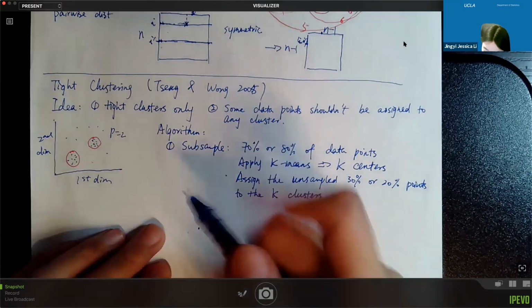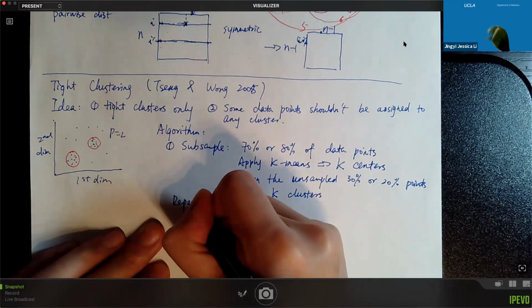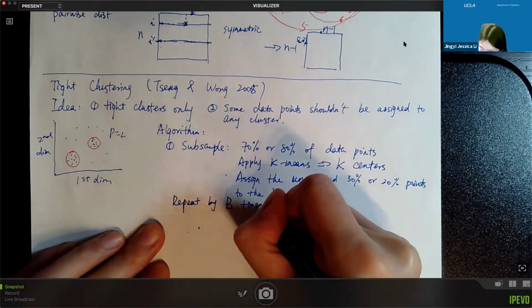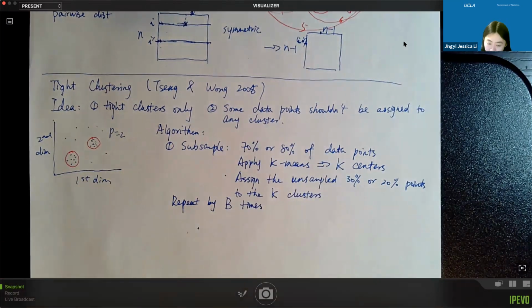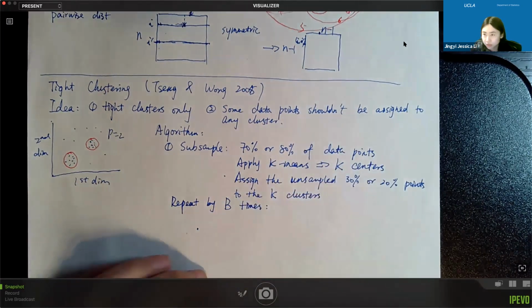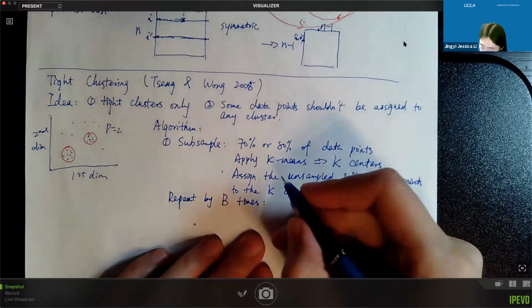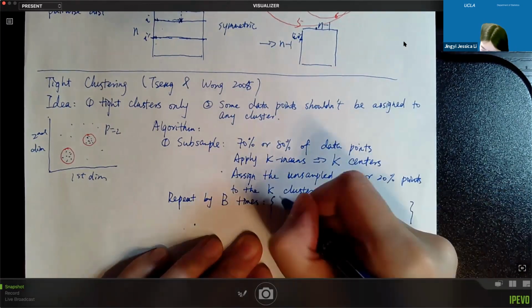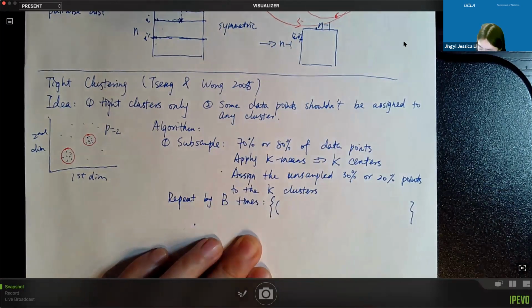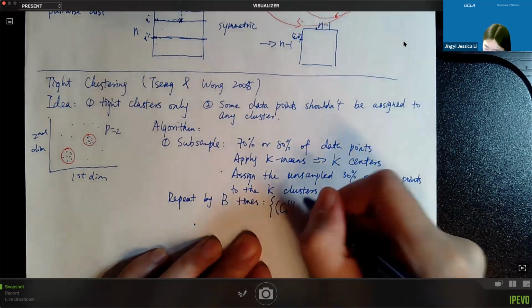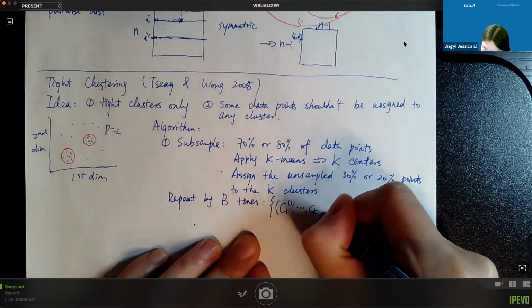Let's say we repeat by capital B times. So therefore, we would have capital B clustering results. I can write this as, if I call a set a cluster, I have C11 for the first subsampling, up to CK1.